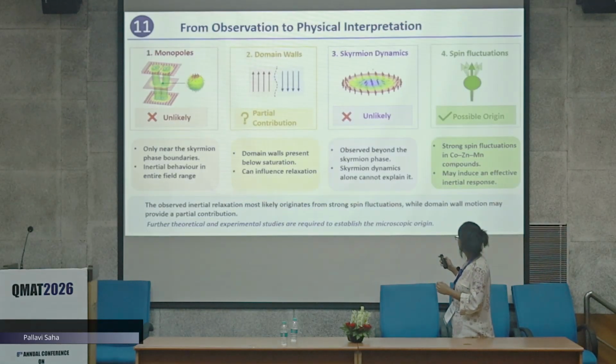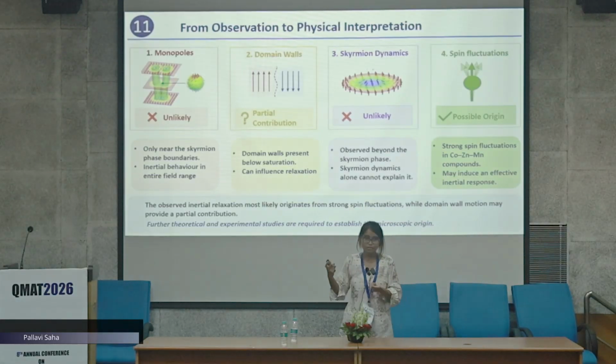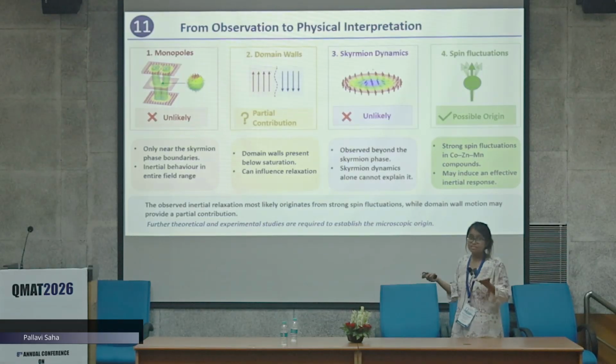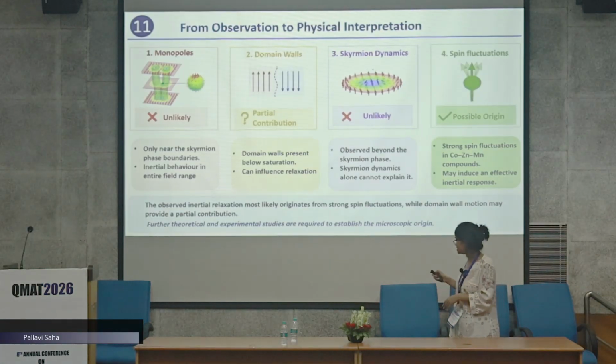The next one is the skyrmion dynamics. Skyrmions also exhibit inertial-like effects, but again, if skyrmions were the reason, then the inertial effect would have dominated only in that phase, not for the entire field range.